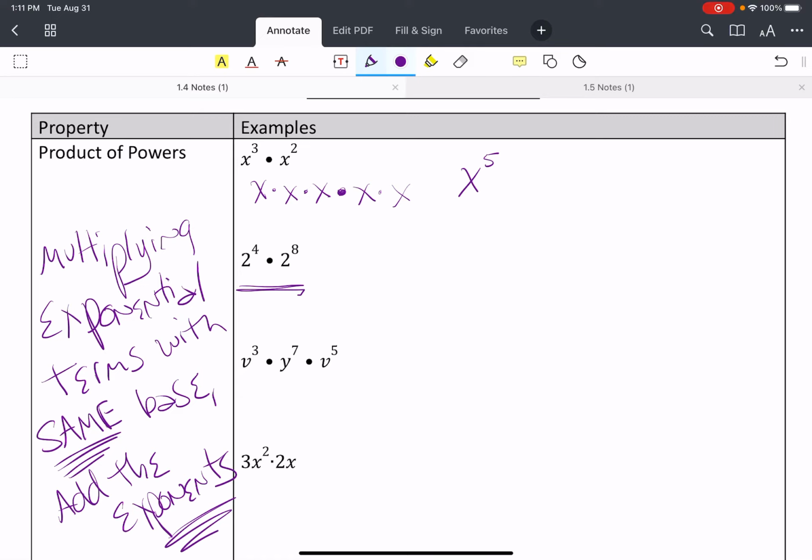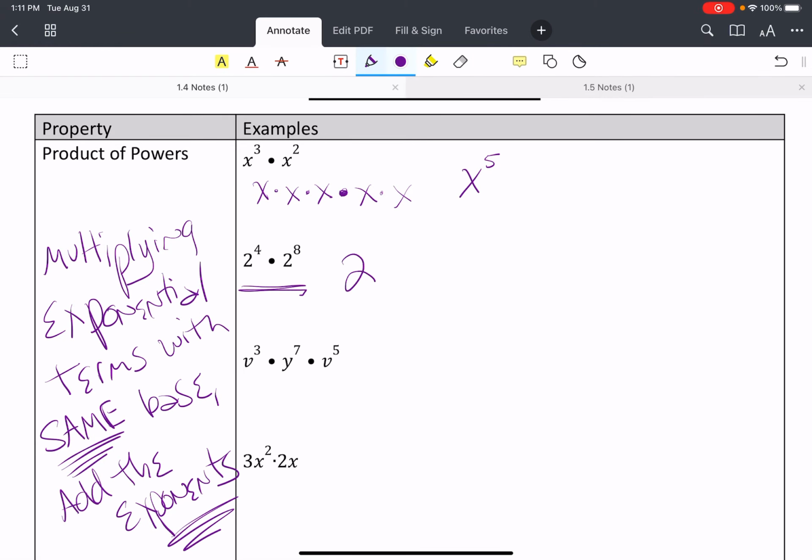Okay, the key is they have to have the same base. So these x's, I could have just added the 3 and the 2, right? So on this one, the 2 stays the same. But I know that if I were to write them all out, there would be 12 of them because 4 plus 8 is 12.